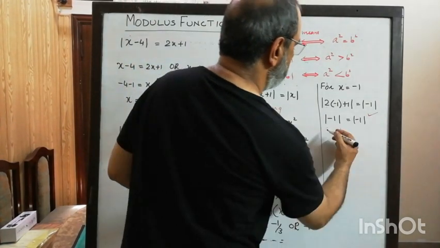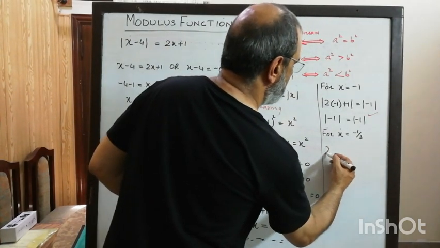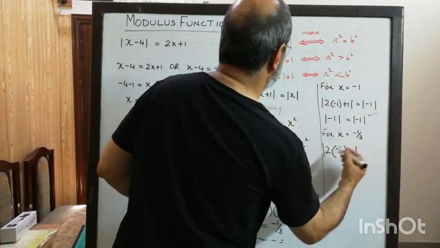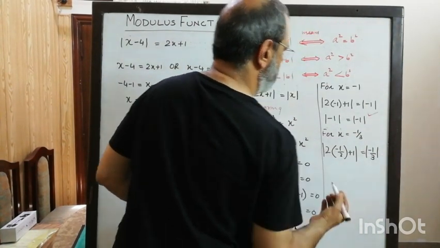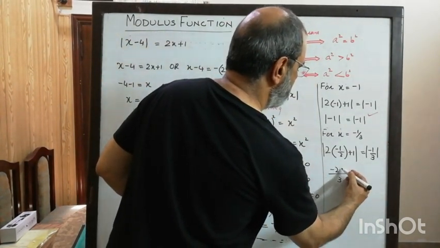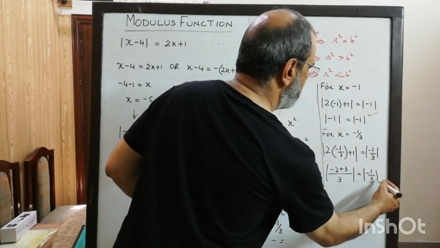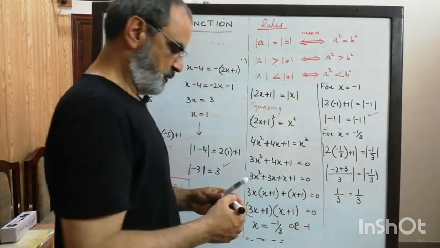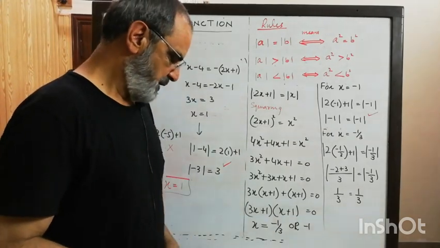For x is equal to minus 1 by 3, I get a true statement, so the second value also satisfies. Therefore, our solution is x is equal to minus 1 by 3 or minus 1.